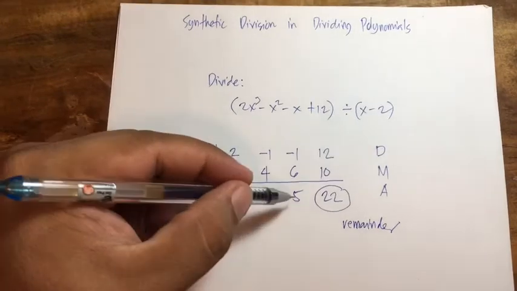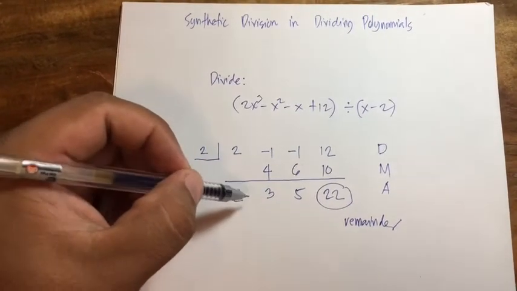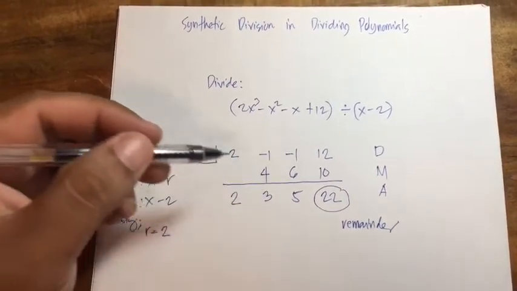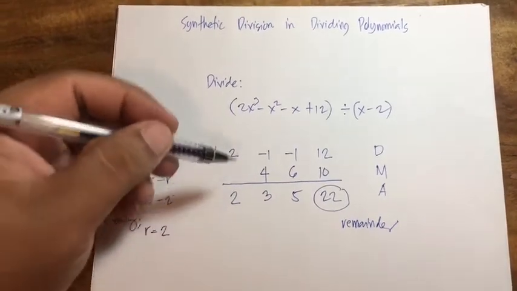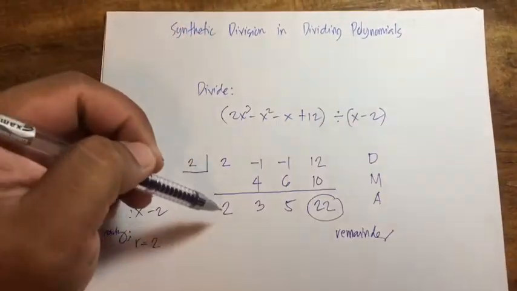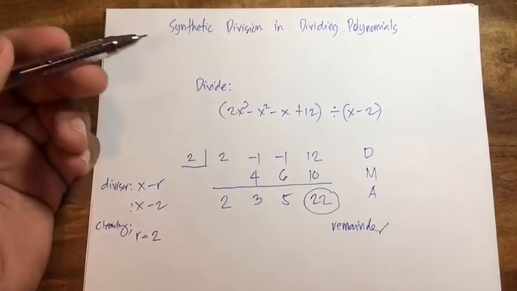Then 2, 3, and 5 are all the numerical coefficients of our quotient. So again, we have x cubed divided by x, so the quotient has degree 1 less than the degree of the polynomial.